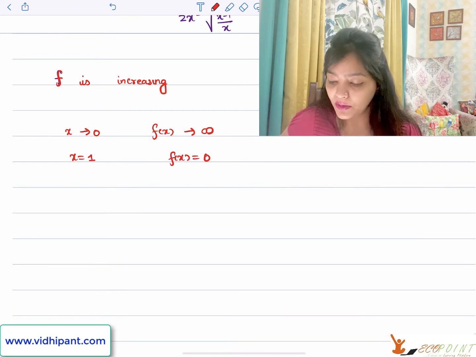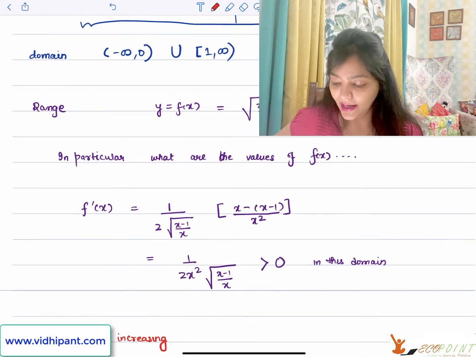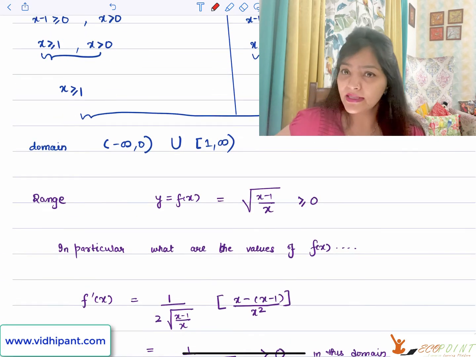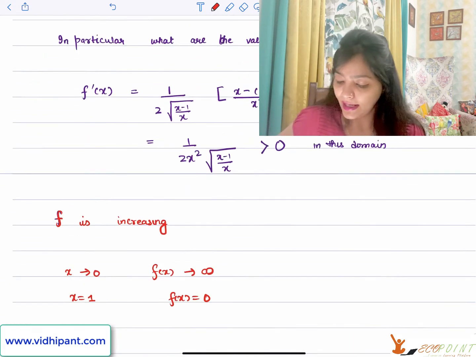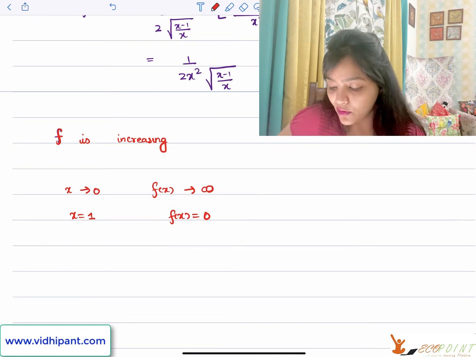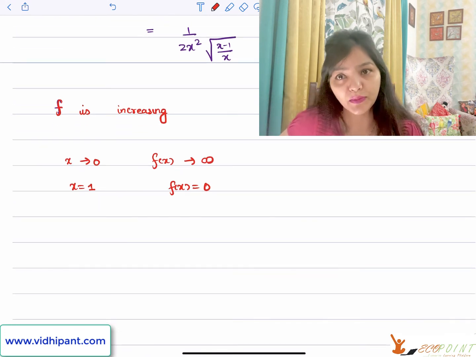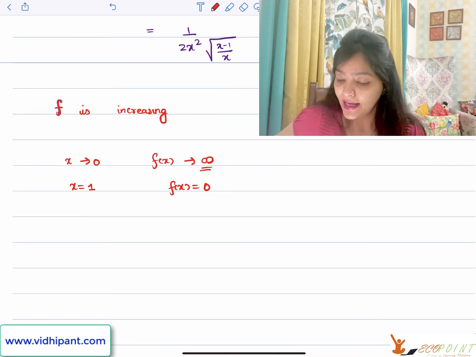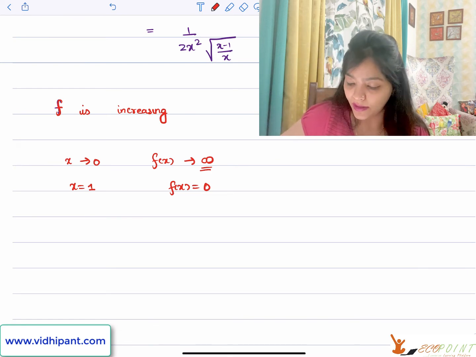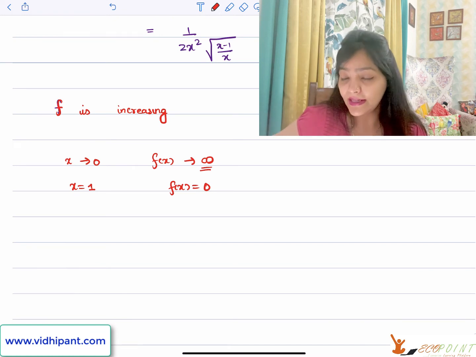Whatever domain we have, it's an increasing function, and infinity, of course, is the biggest value that it can get. And x equal to 1 is again an important point here, because that's a break point.